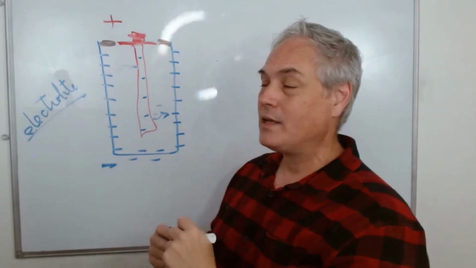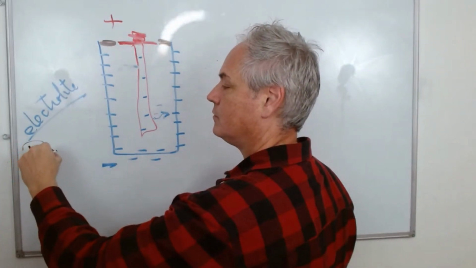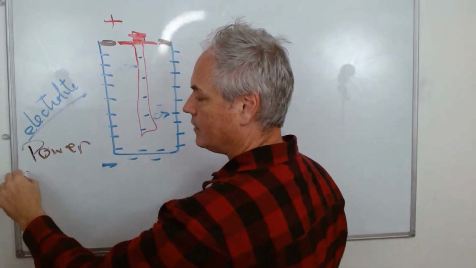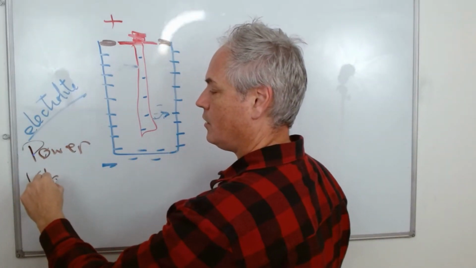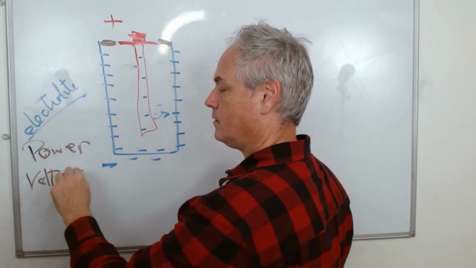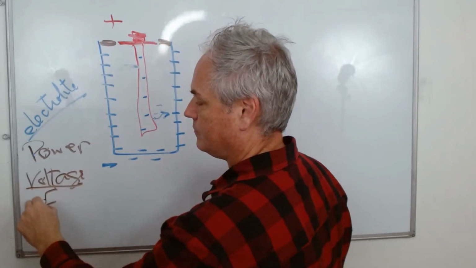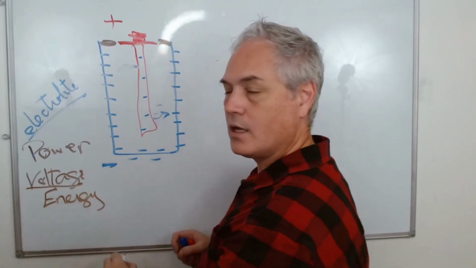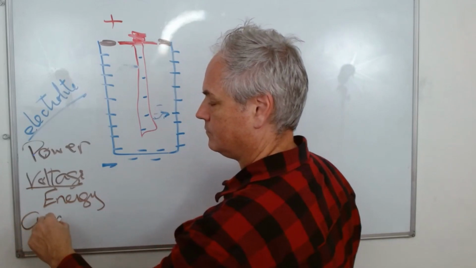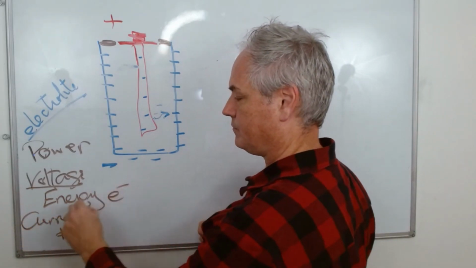Now, if we want to do something with these electrons, if we want some power, we need two things. We need the voltage, which is the energy of the electrons, and then we need the current, which is the number of electrons.